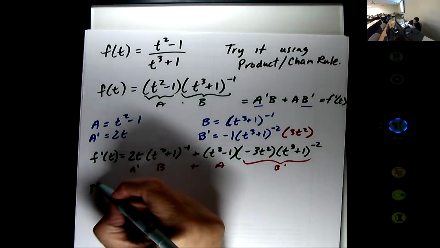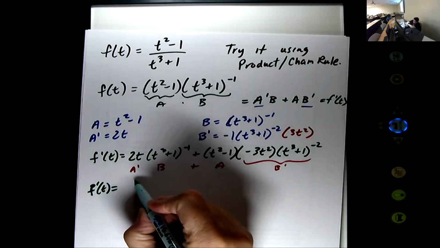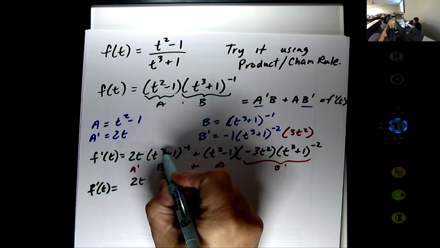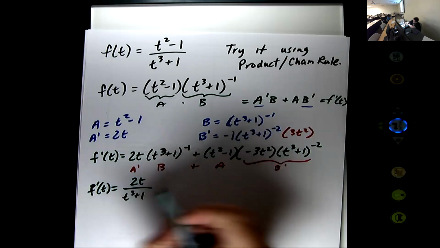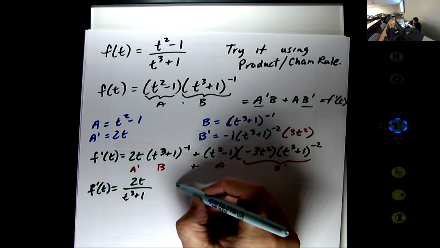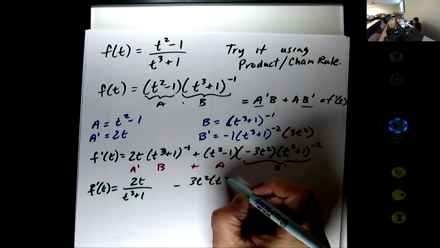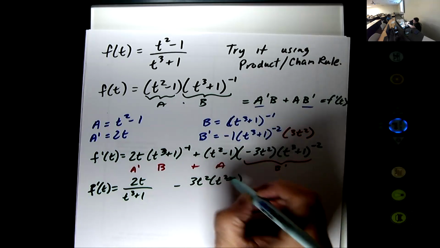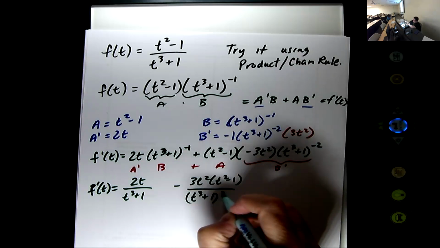Now let's get rid of the negative exponents. I've got 2t over t cubed plus 1. And then I've got minus 3t squared times t squared minus 1 all over t cubed plus 1 squared.